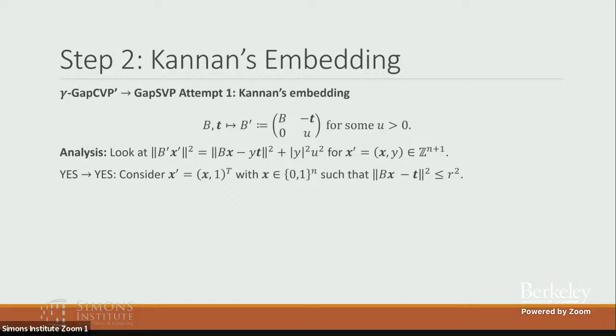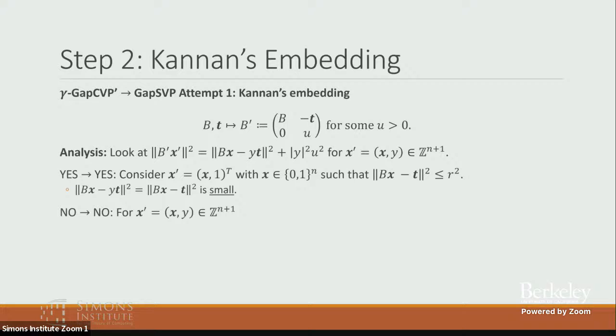This is not too hard to see. We just take the coefficients of the close vector, and for our new coefficient vector, we take that X and append a 1 to it. Then the distance between BX and T we already are assuming is small, and so here we have a short non-zero vector in the lattice generated by B prime.